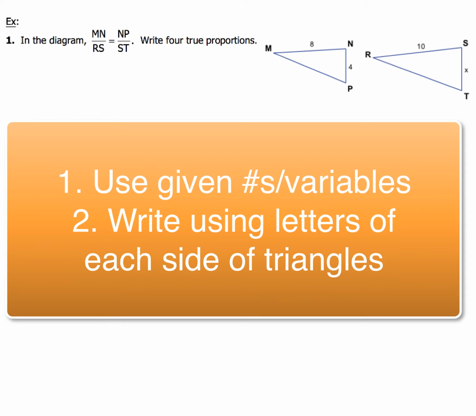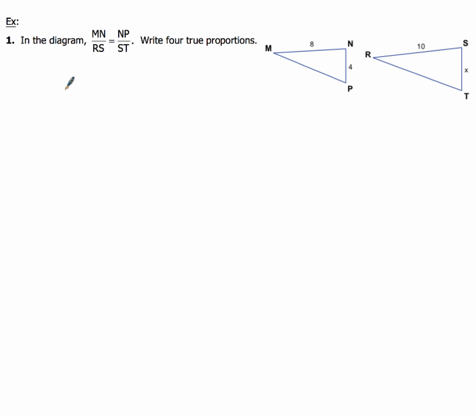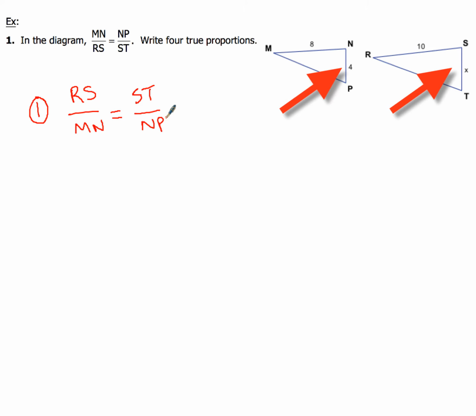If I'm given MN to RS, and I do the first property where I just invert them and take the reciprocal of each side, then RS over MN is going to be, well, what would the second fraction be? I'm pretty sure you know what it is. That would just be ST over NP. So that's one possible proportion.